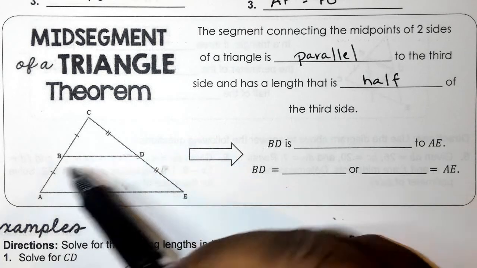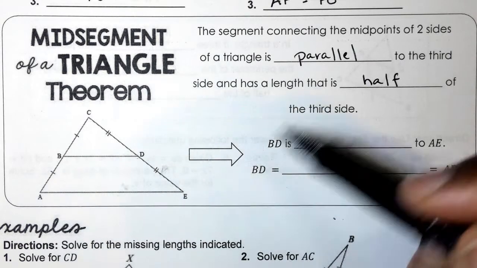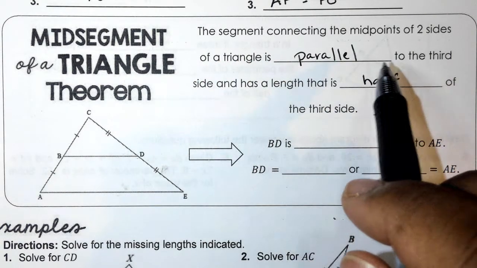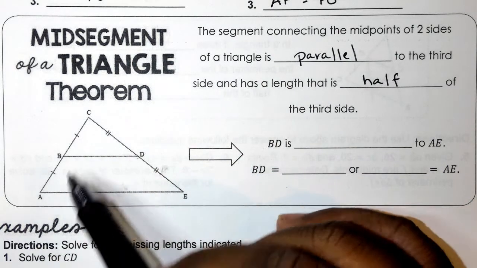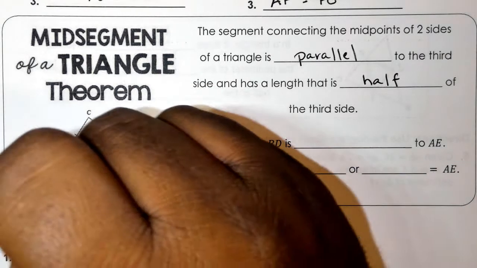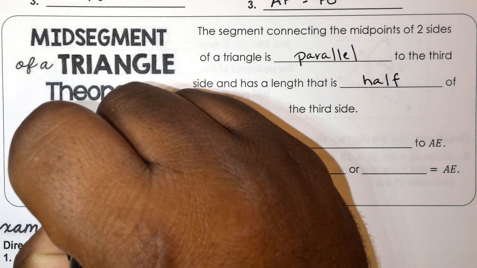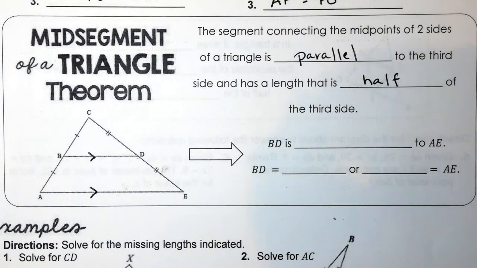If that's the case, then this is a mid-segment. And if that's the case, what they're telling you is a mid-segment is parallel to the third side of the triangle. So they're saying BD is parallel to AE, and I think all of you guys can see that this segment right here is parallel to this side of the triangle. Those two are parallel to each other.